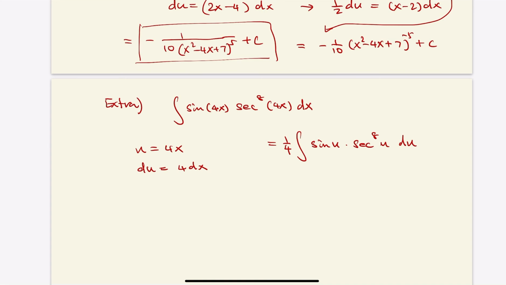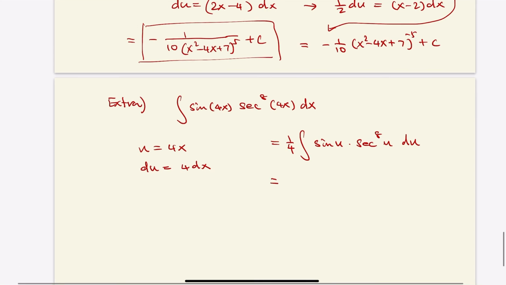Next step, 1 over 4, you can change the secant. Secant u is 1 over cosine u, so sine u over cosine eighth power u du, because secant is 1 over cosine.